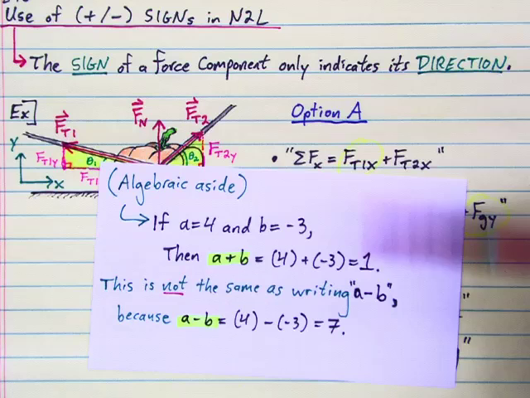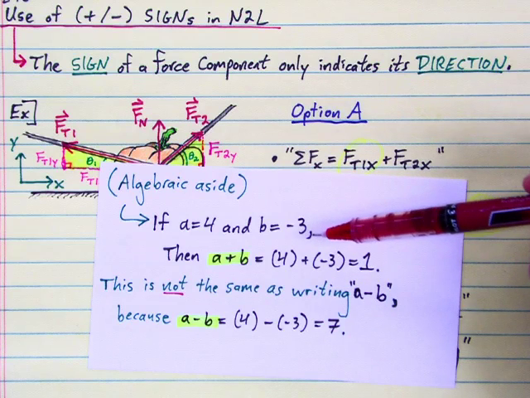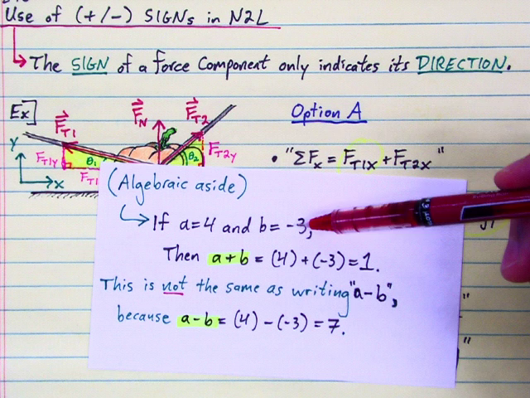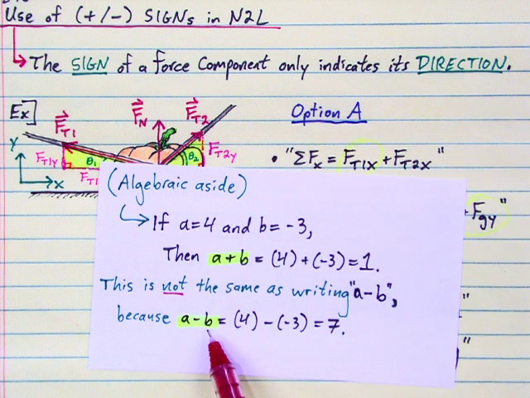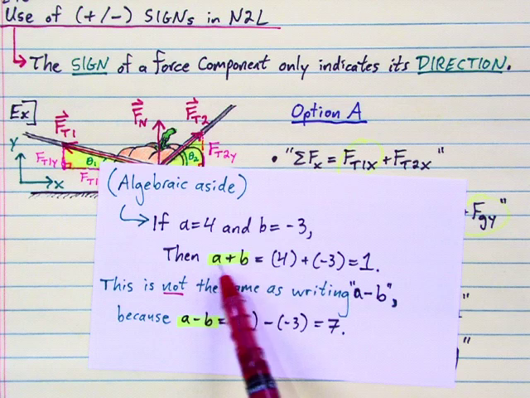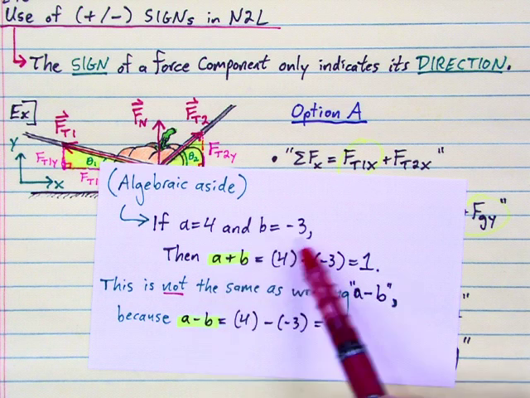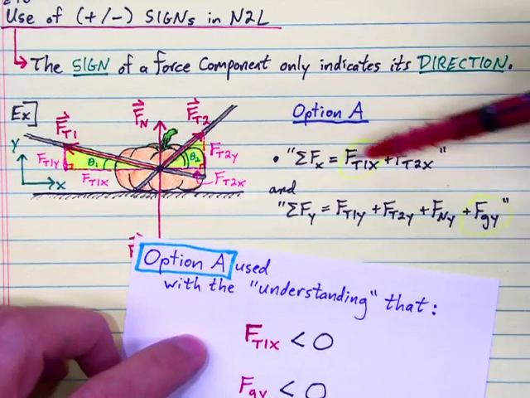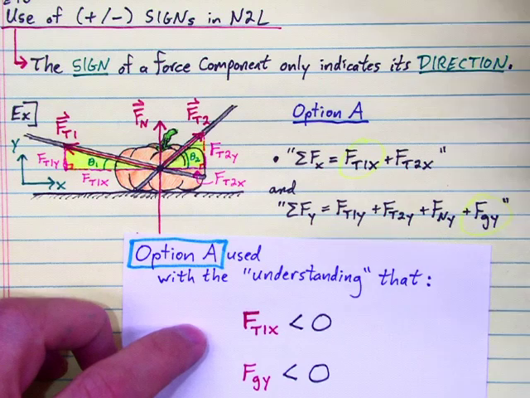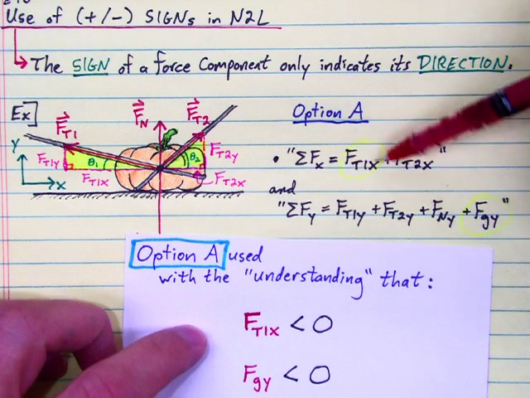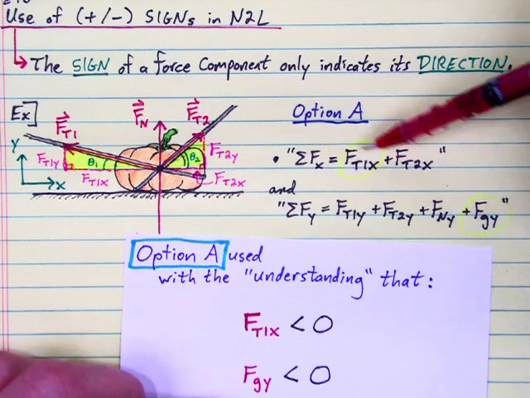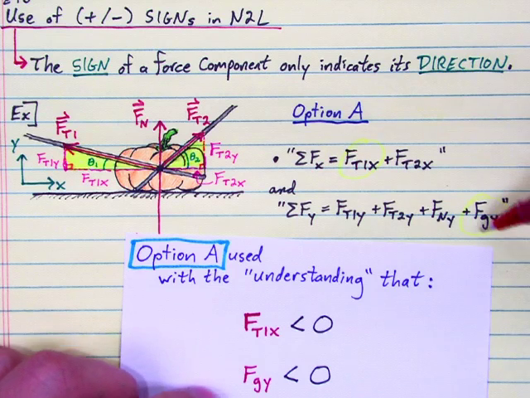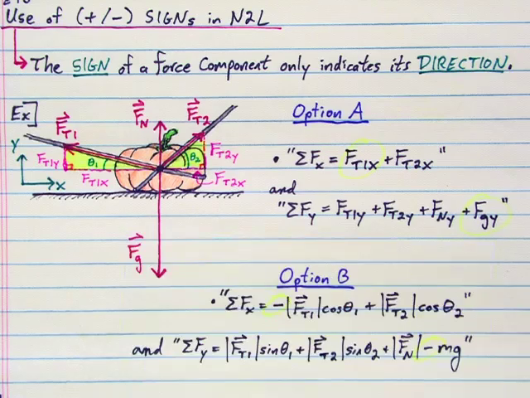The point here is the variable b already represents a negative number, so you don't need to put a minus sign in front of b when adding b to a. When you say a plus b, we know that b is already negative. That's what we're doing here if you choose to write it this way. We understand that ft1x, like b, is already a negative number, and this is already a negative number.